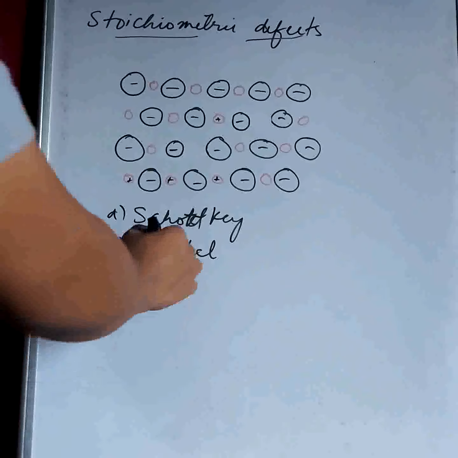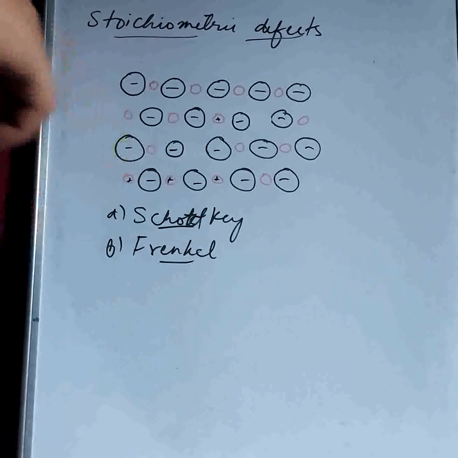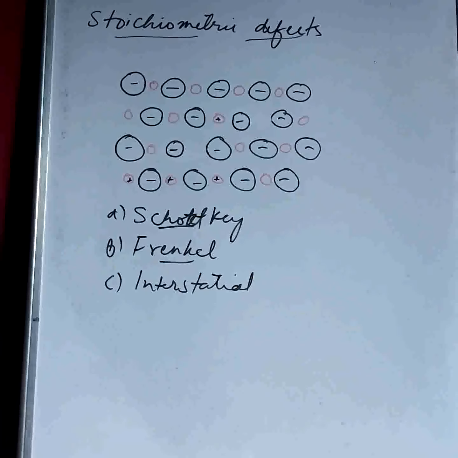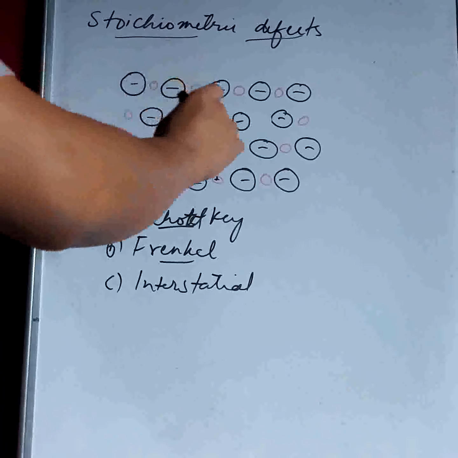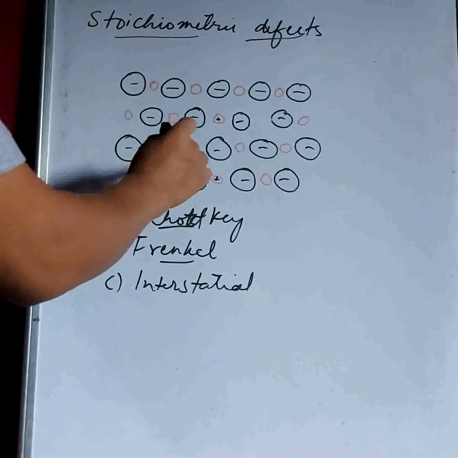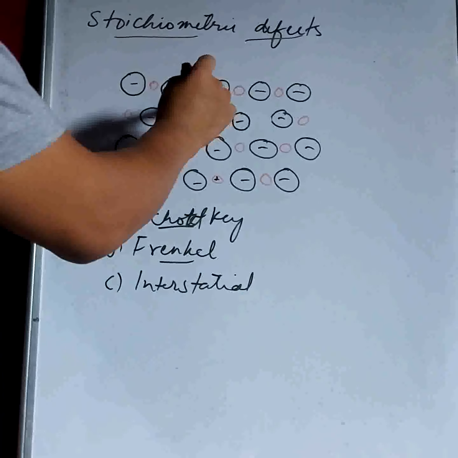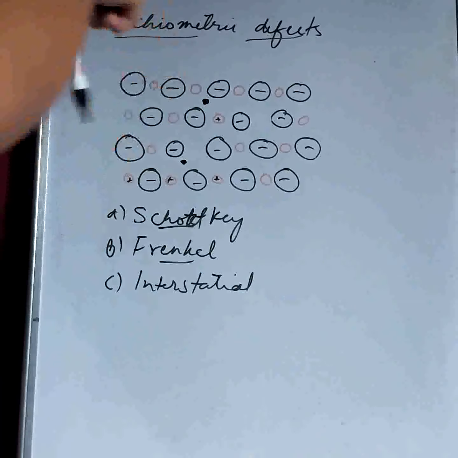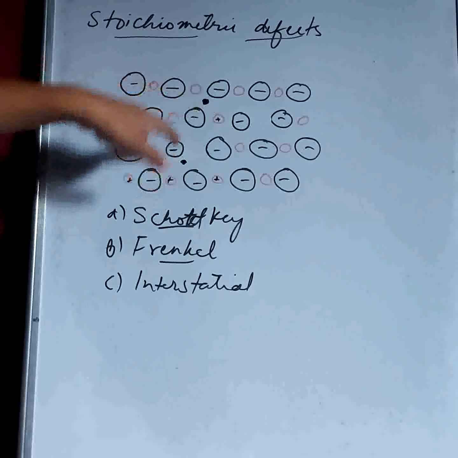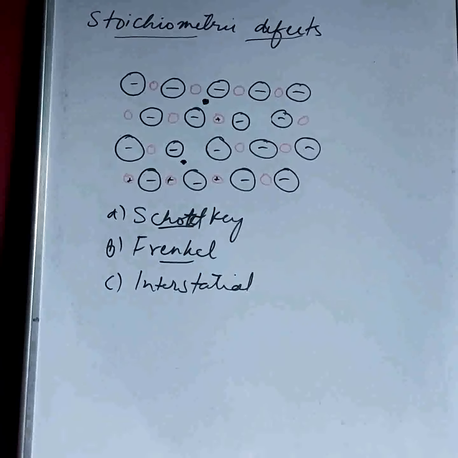So that's the Frenkel defect. That's the difference between the Schottky and the Frenkel defect. And when we talk about interstitial defects, some in between the voids, again there will be some other impurities present. So those defects created by those impurities are called the interstitial defects.